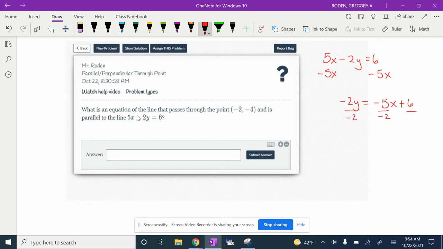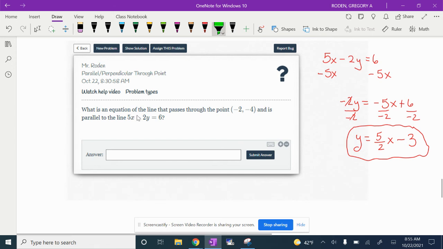So now I get y equals, because these -2's cancel out to 1, a negative divided by a negative is a positive. And notice I'm going to leave it as an improper fraction, so that's positive 5/2x. And a positive divided by a negative is a negative. So that's going to be -3. So I have y equals 5/2x minus 3.